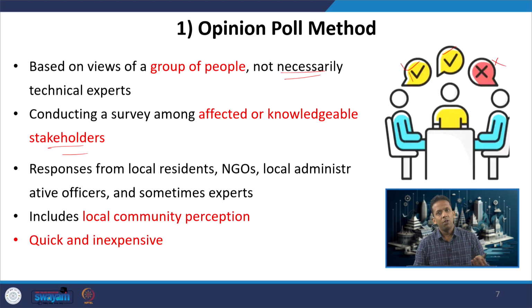The responses are typically obtained from the community, mainly the local residents, NGOs or local administrative officers, sometimes experts, and most of the time it includes the local community perception. So, it is relatively quick and inexpensive. It does not take a lot of time and resources, and it is one of the first methods of ad hoc that people prefer to use. So, it is called the opinion poll method.